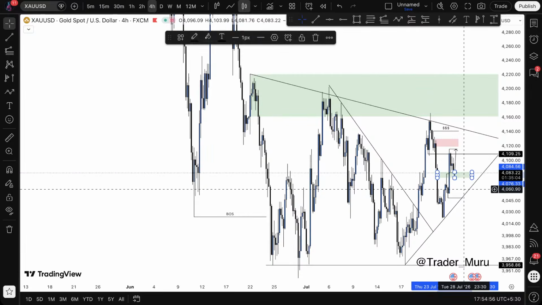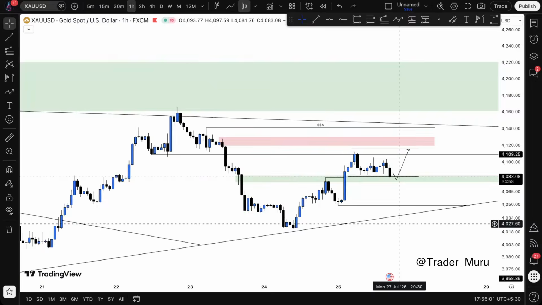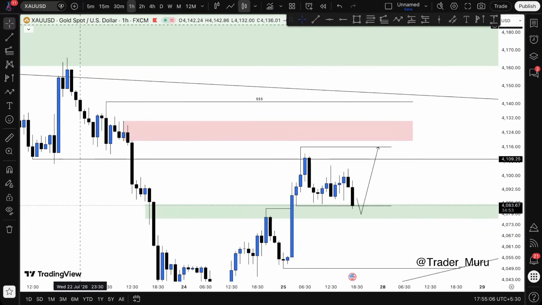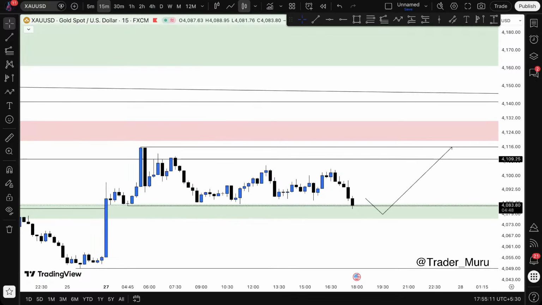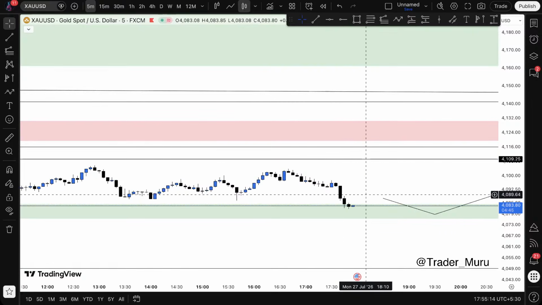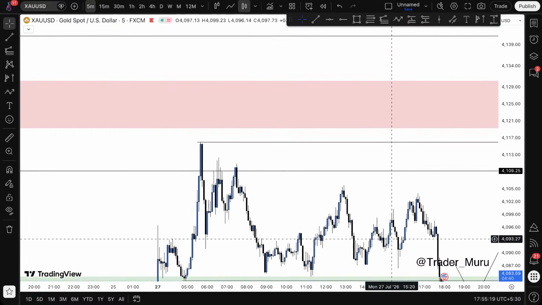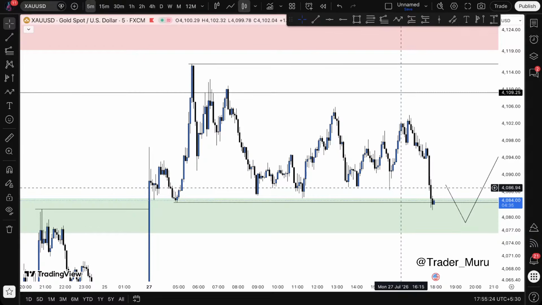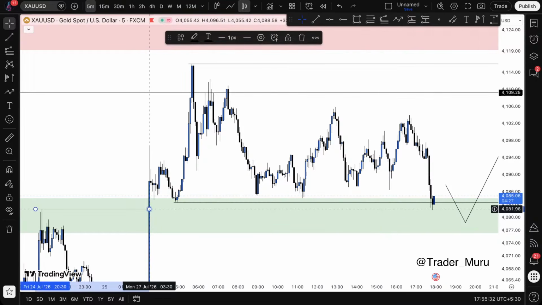Wait for closing. Low is swept. Mitigation block is also tested now.